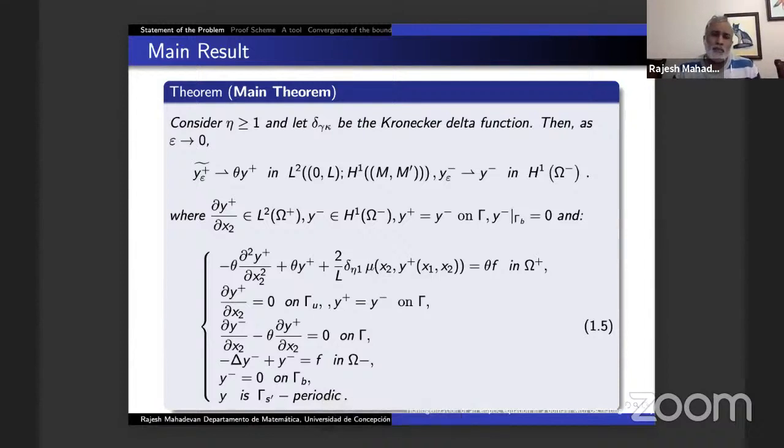It's the same nonlinear function of y plus, which is mu here. Some of these could be quite intuitive, but the appearance of this term is what I would like to focus on, because some other parts of this were already discussed in the lectures of François Murat.